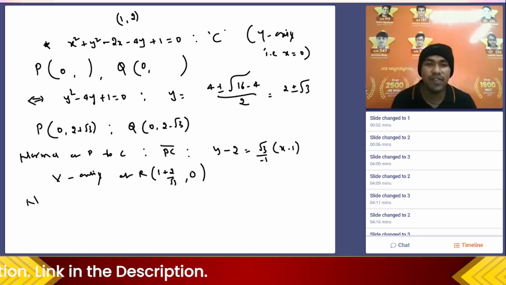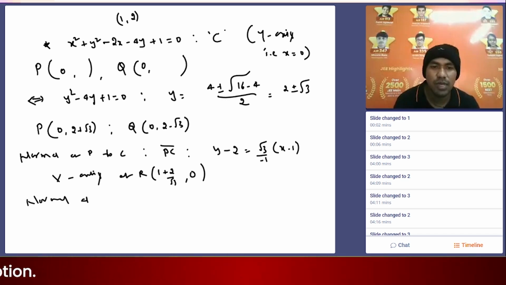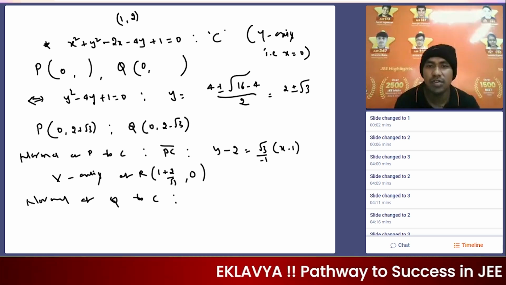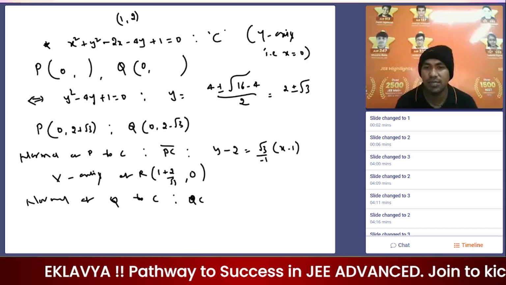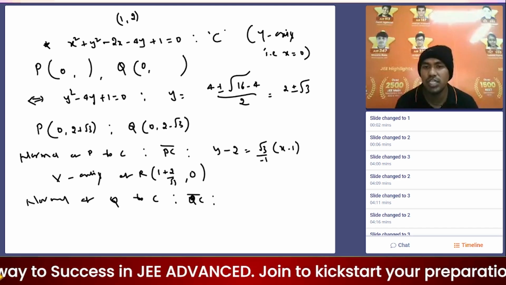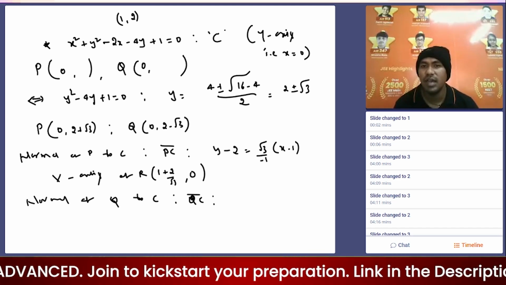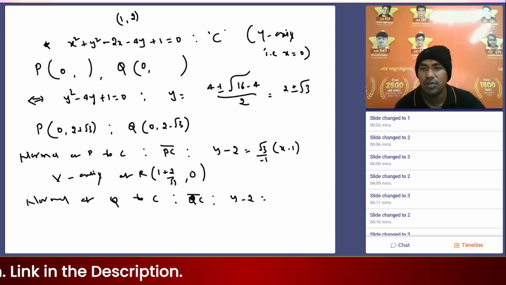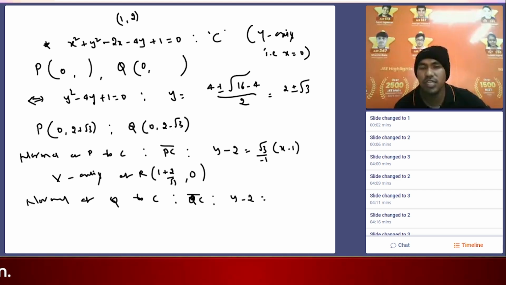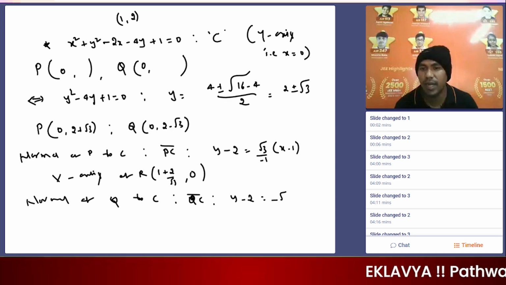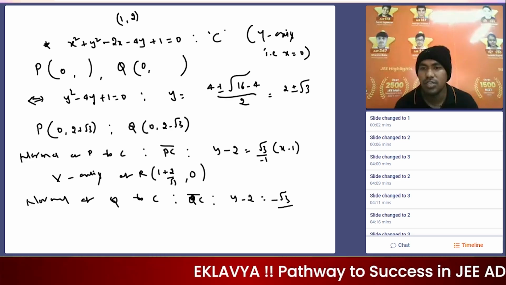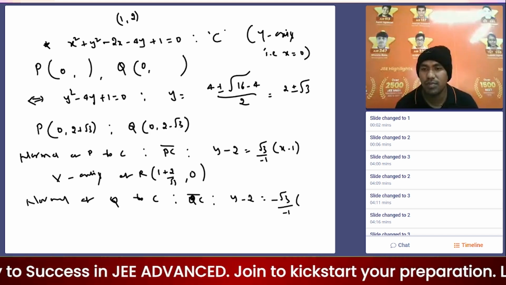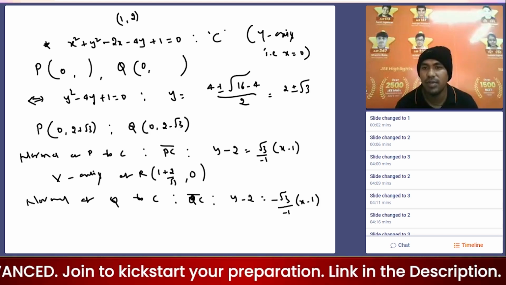Okay? And the same way, suppose the normal at Q to C, if I take, then what you will get here? The normal is nothing but the line joining Q and C only. So we have the Q point, and the center of the circle also. That is given by y minus 2, which equals 2 minus root 3 minus 2, that will become minus root 3, upon 0 minus 1, times x minus 1.